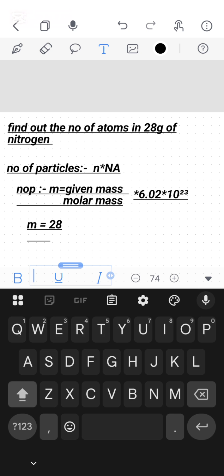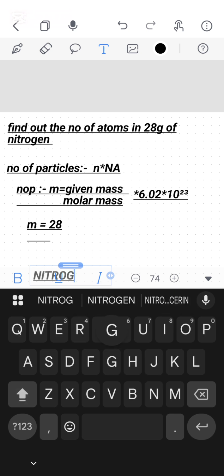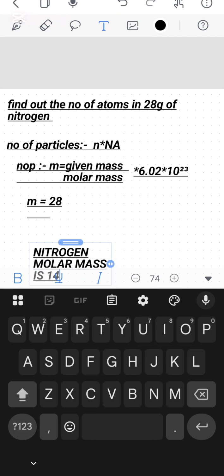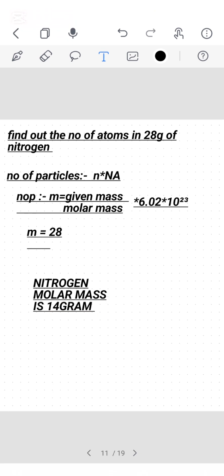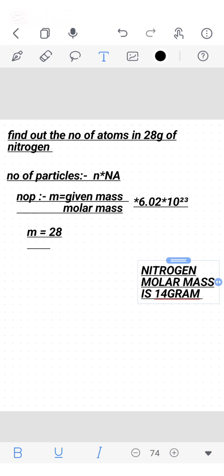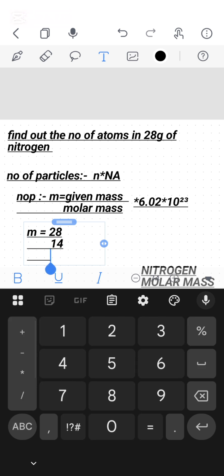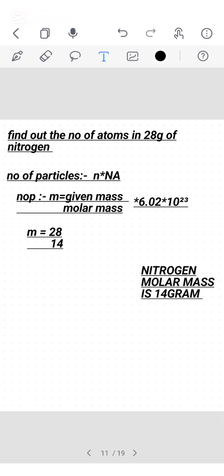Simply, nitrogen molar mass or atomic mass is 14 gram. So I am writing it in the corner, so you may understand clearly. That is the mass of nitrogen. So we will be simply writing over here 14. Okay, I am removing that one line. So that is how it looks like.